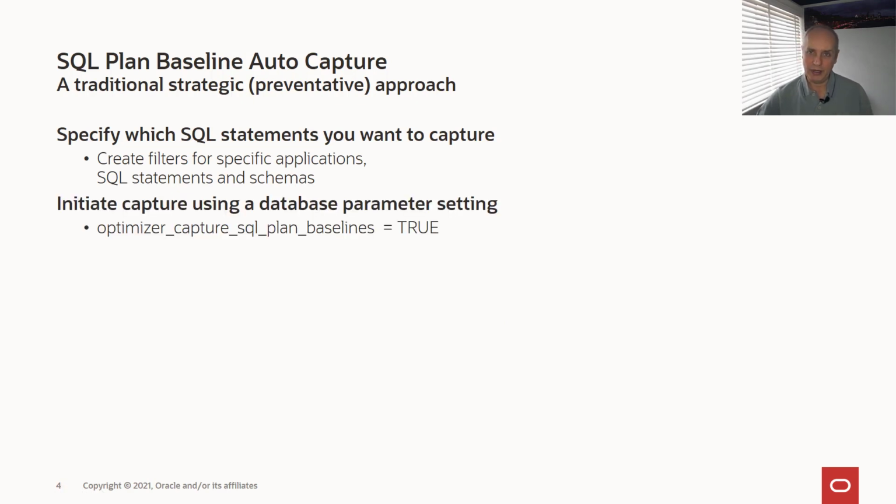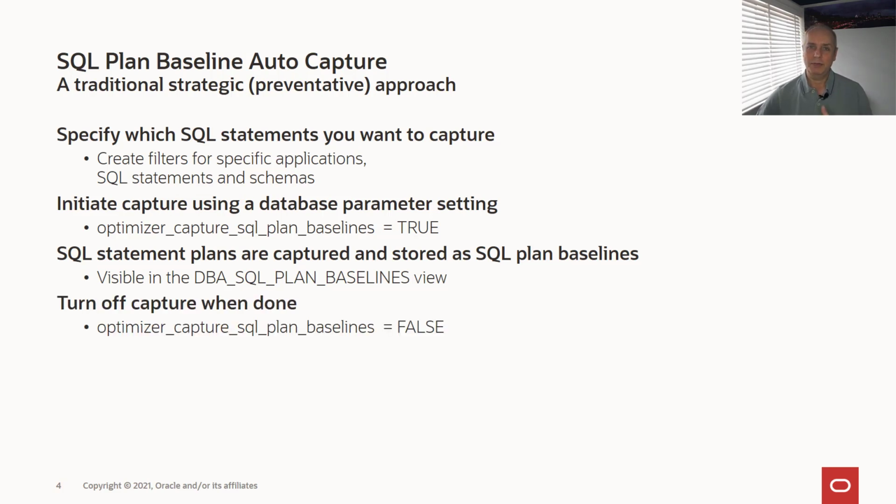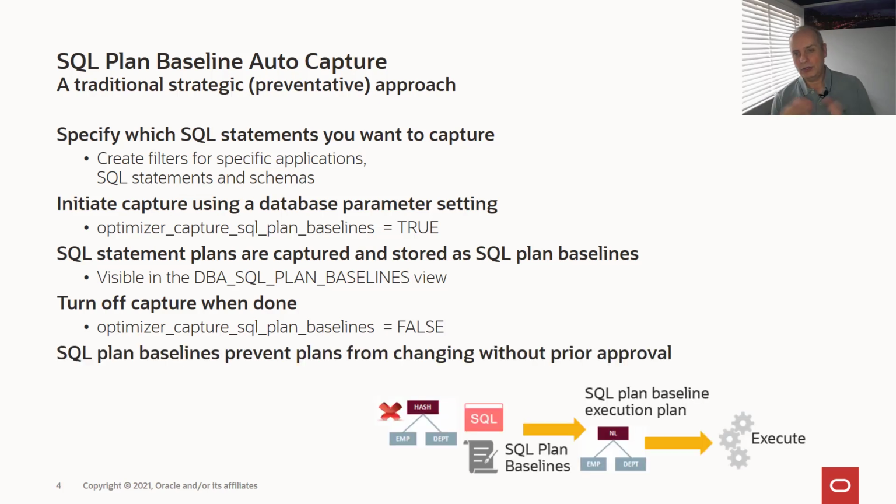For a particular application, you initiate the capture by setting a database parameter. Those plans that are seen are encoded into SQL Plan baselines, and you'll be able to see those gather and get created in the SQL Plan baseline views. Ultimately, when you're done, you turn the capture process off. And then from then on, the SQL Plan baselines are going to prevent the plans from changing without prior approval. Approval can be a manual approval, or it can be an automated approval using the process of Evolve, which test executes different plans and figures out which ones should be accepted and available for use.